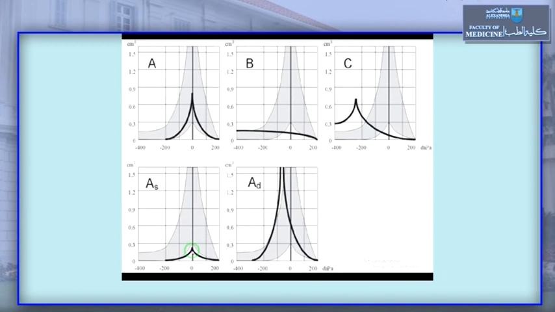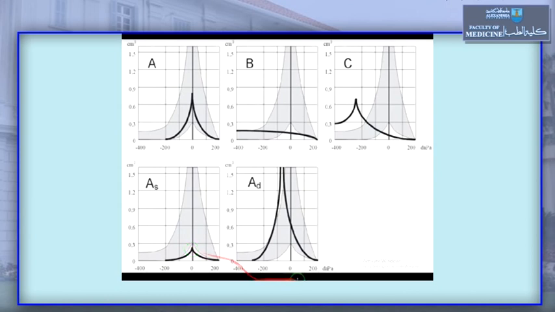The system has very high impedance or very high resistance to the passage of the sounds due to deposition of spongy bone around the footplate of the stapes, preventing it from freely moving. So that's why the resistance is increased, and as I told you, resistance is the opposite of compliance. So as the resistance increases, compliance goes down, and that's why compliance is very short in cases of otosclerosis.